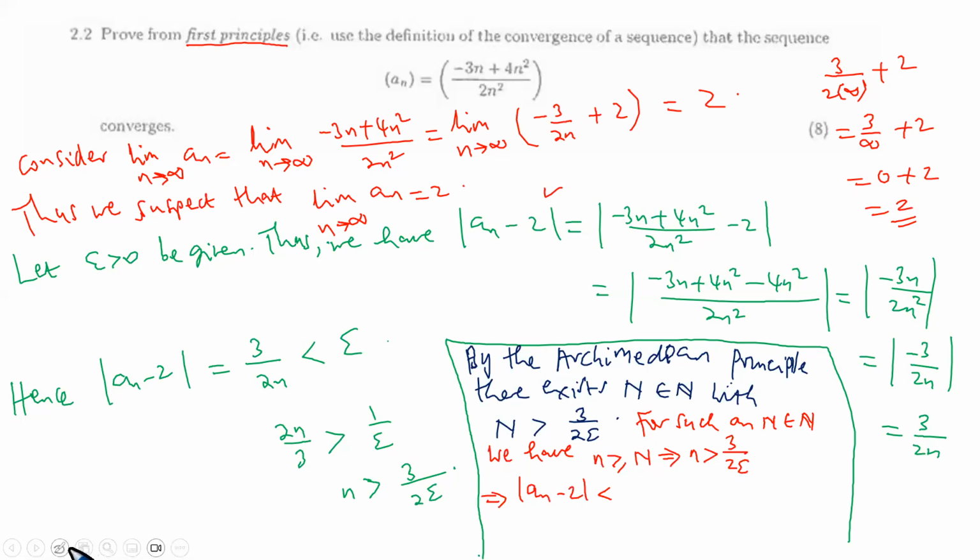So we got that a_n minus 2 is actually equal to 3 over 2n, which is less than epsilon, since epsilon bigger than 0 was arbitrary.